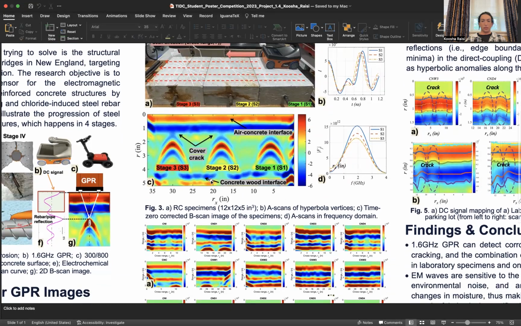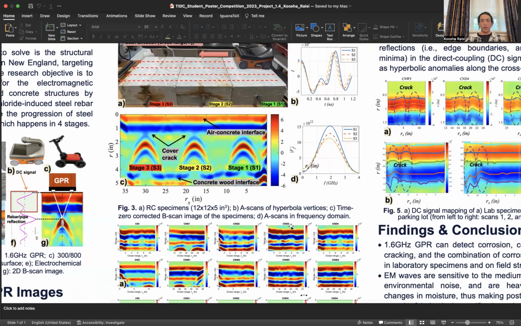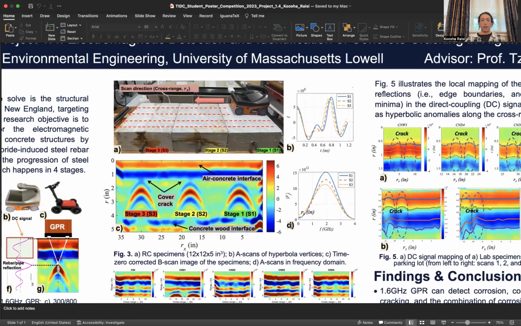And you can see the concrete and the wood plank underneath it, their interface. So we started analyzing it in time using A-scan signals. So we want to see the effect of radar parameters and how they can affect corrosion and the combination of these actions, corrosion and cracking.